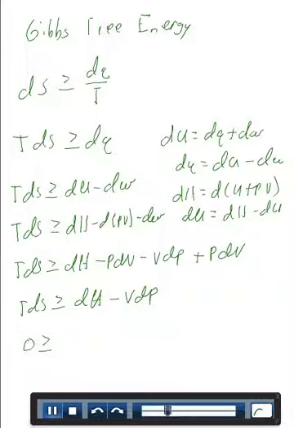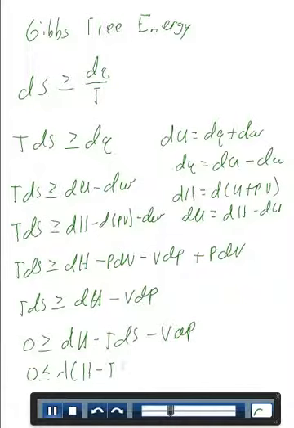Now bring everything over to the right side of the equation. So we have 0 is greater than or equal to dH minus TdS minus VdP. And I'm going to write the differential of H minus TS. Now this is introducing a term minus SdT, so I'll have to cancel it. So I've introduced a minus SdT, I'll introduce a plus SdT, so that cancels.